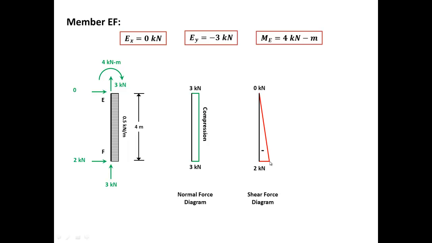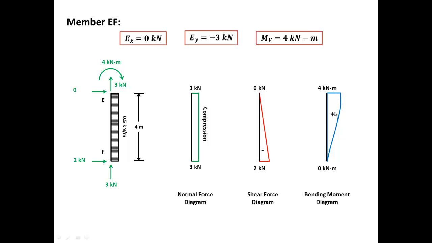Then it will decrease gradually, going up until it reaches 0. Why 0? Because that's what we got. It's EX right here. And because we have a distributed load that acts to push us to the left 0.5 kilonewtons every meter we go up, we'll end up having this shape.